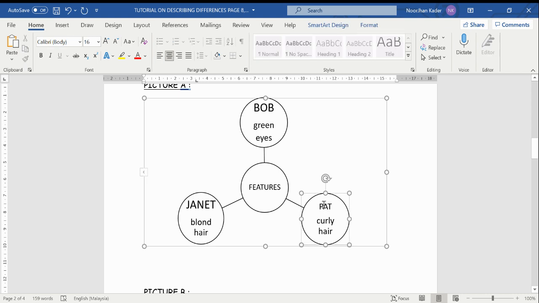So we have actually done two main parts.